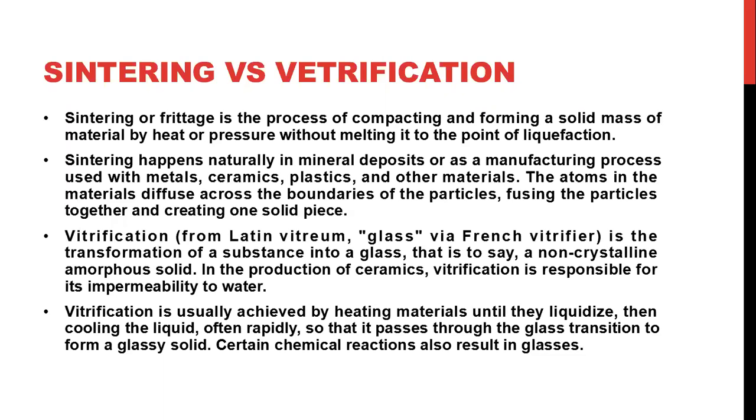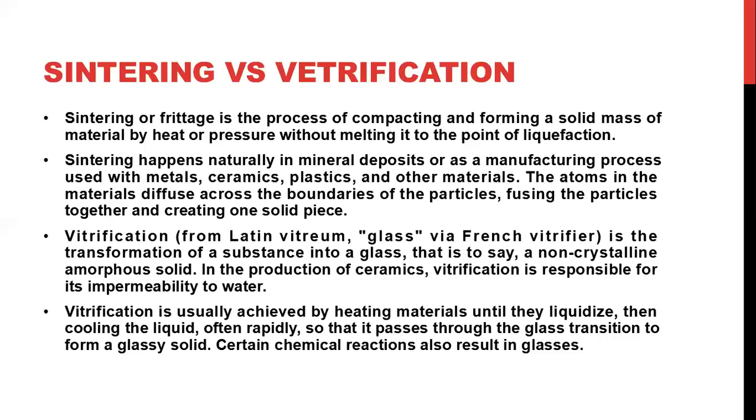It happens naturally in mineral deposits or as a manufacturing process used with metals, ceramics, plastics, and other materials. The atoms in the materials diffuse across the boundaries of the particles, fusing the particles together and creating one solid piece. While vitrification is the transformation of a substance into a glass, that is to say, a non-crystalline amorphous solid.